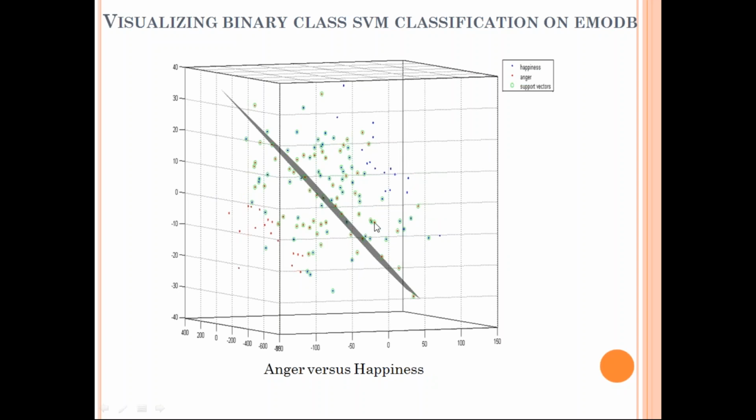Here, the plane has not been able to learn very well, and we were not able to classify the emotions, because this was not happy versus sad, it was anger versus happiness. It's very difficult for a machine to understand the difference between anger and happiness, because in both emotions you will be talking loudly and maybe aggressively.